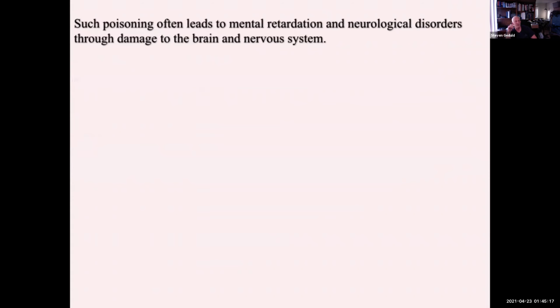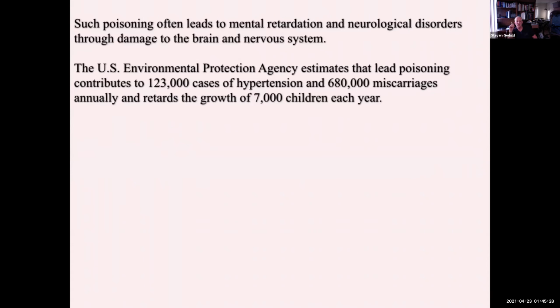Such poisoning often leads to mental retardation and neurological disorders by damaging the brain and the nervous system. The U.S. Environmental Protection Agency estimates that lead poisoning contributes to 123,000 cases of hypertension and 680,000 miscarriages annually, and retards the growth of 7,000 children every year.